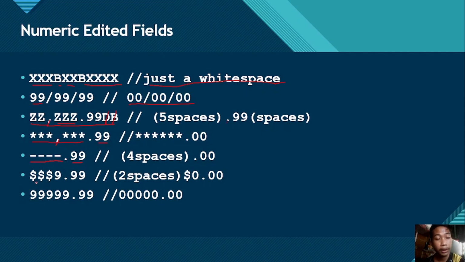As you can see here, it would just compile one sample of this, and the remaining would become spaces. So as you can see, 2 spaces and then the symbol dollar, then digit, decimal, and 2 digits. And lastly, you can also write this one, a lot of nines dot 99.